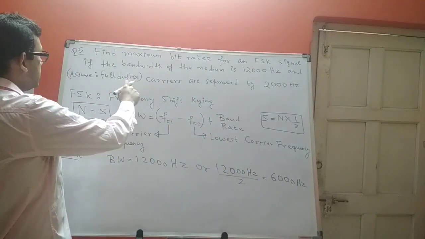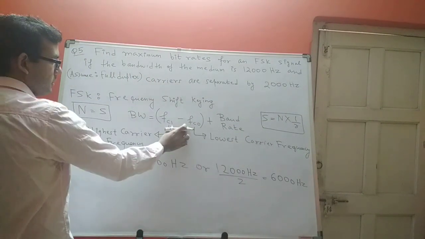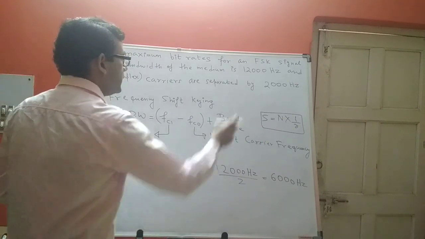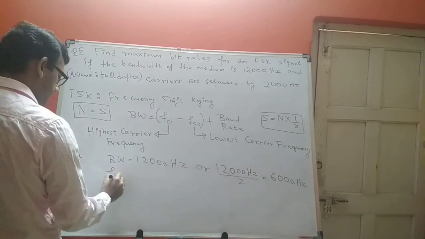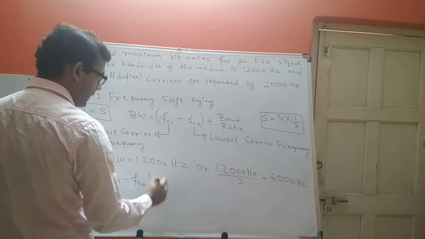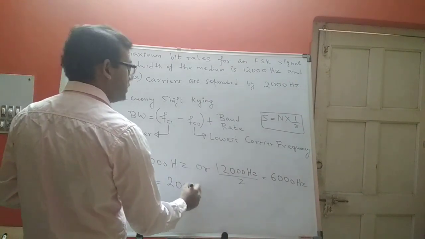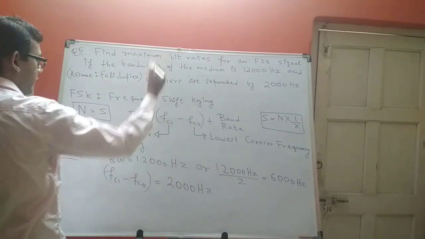And it has also been given that the carriers are separated by 2,000 hertz. That means the difference between the highest and lowest carrier frequency, FC1 minus FC0, is 2,000 hertz, and I have been asked to find the bit rate.